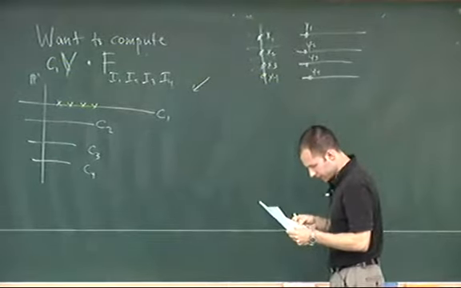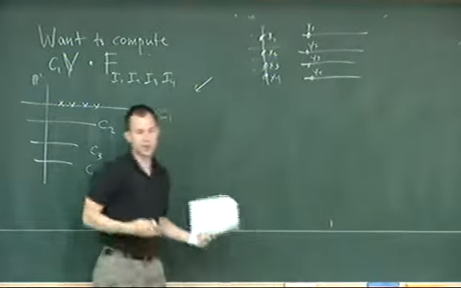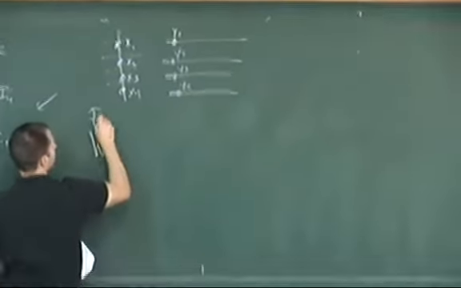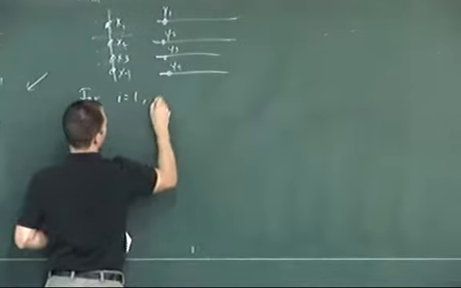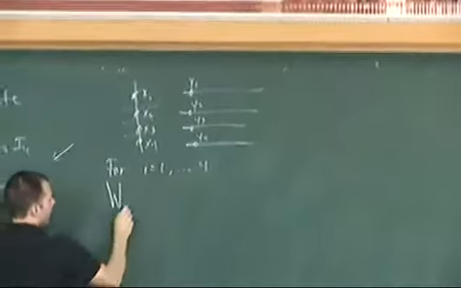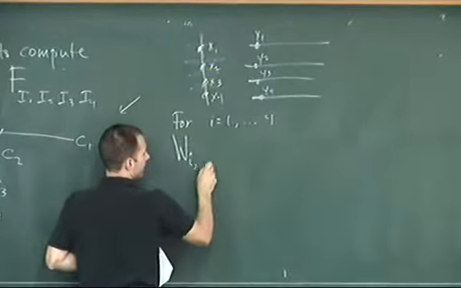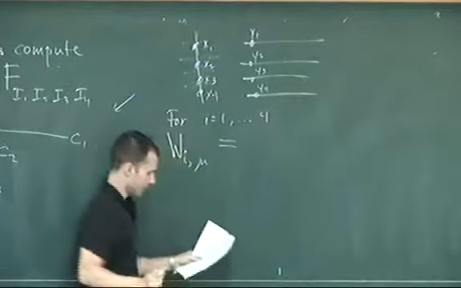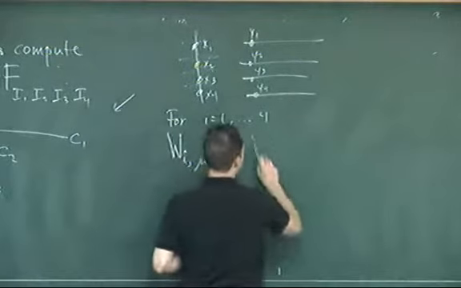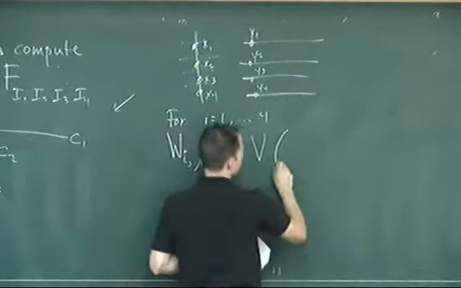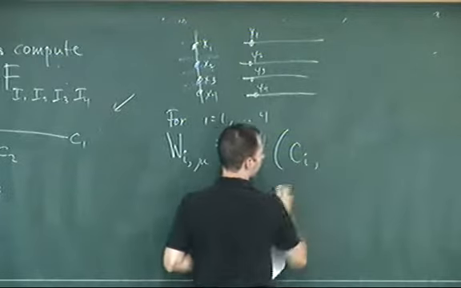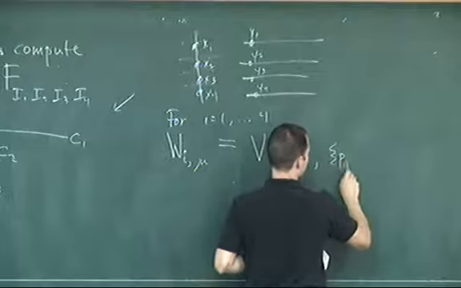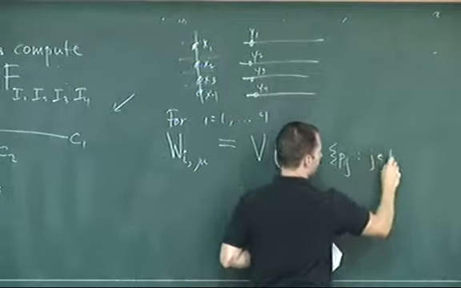And the last thing I want to do is introduce a little bit of simpler notation. So for each i, 1 through 4, let Wi, given weight mu, be the following vector space. It'll be the conformal block you would get from the curve Ci with the marked points, let's call it Pj, for j in Ii.